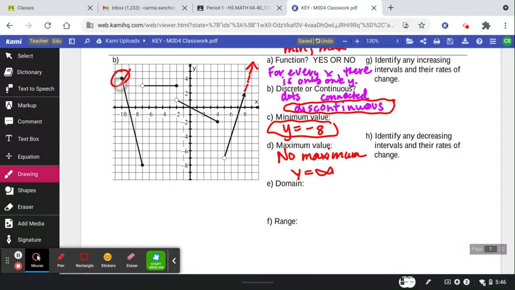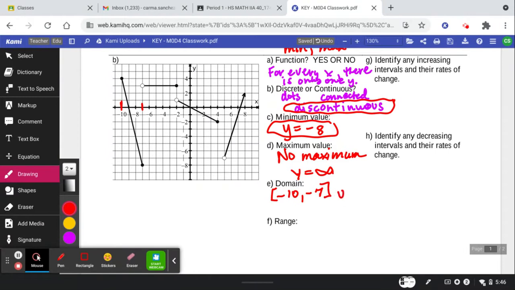Domain of this graph, not fun to do because of all these separate sections, but let's get it over with. This domain goes from -10 to -7. Oops, sorry, started with the wrong one. -10 to -7. Notice they're both closed dots, so they're both included.